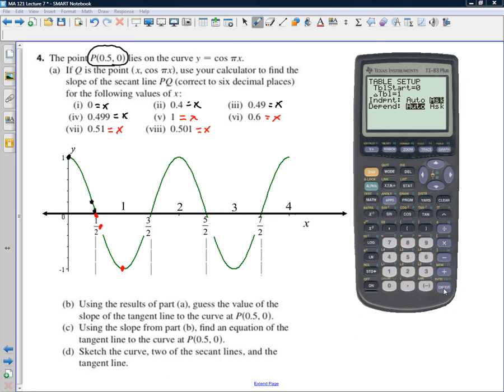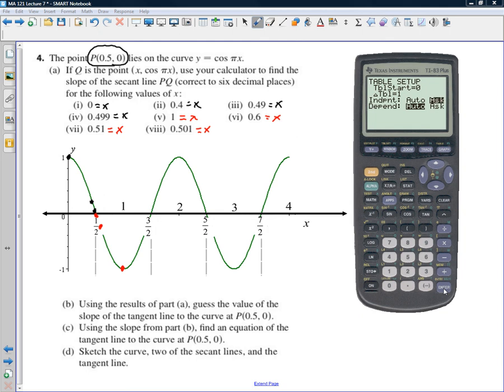And our dependent value, we want it to calculate automatically. So make one change here, highlight the ask next to independent. And once you make this change, you don't have to come back here unless we have a different application where you want to change the independent to auto, for example.